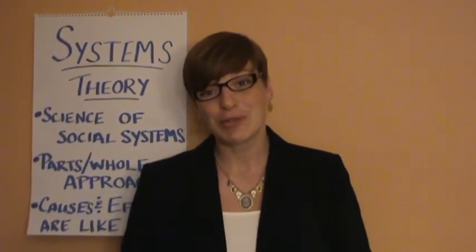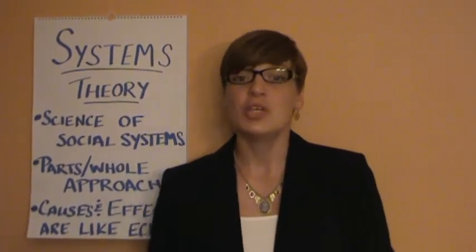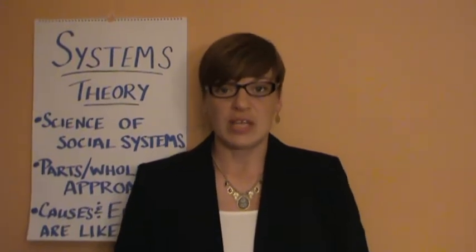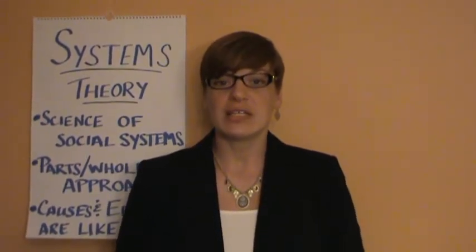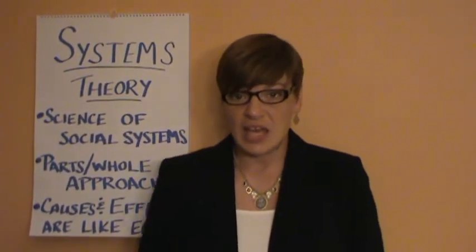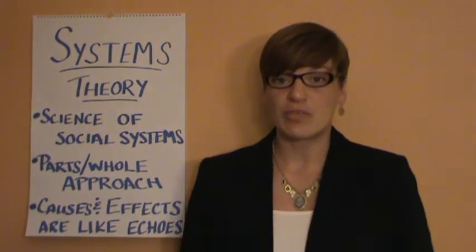In much simpler terms, a system is a group of parts that make up a whole. So, a social system is made up of persons, organizations, or communities that have an influence on one another. So it's easy to see how naturally this theory applies to social work because of the very nature of the profession.